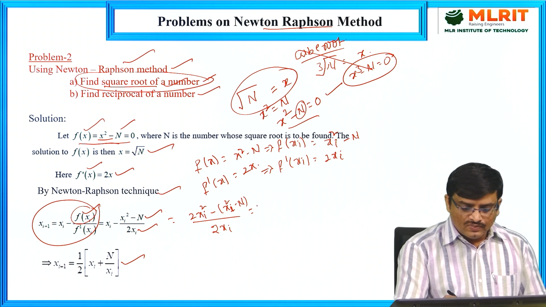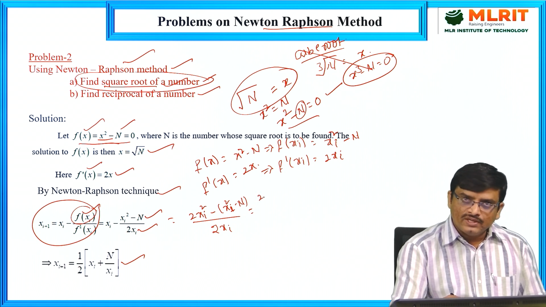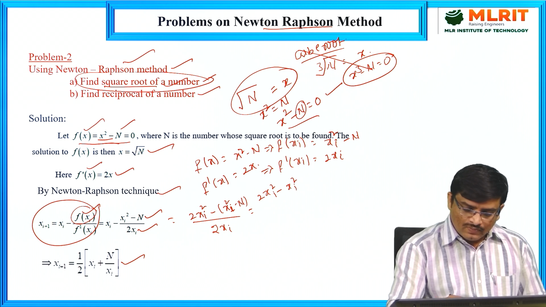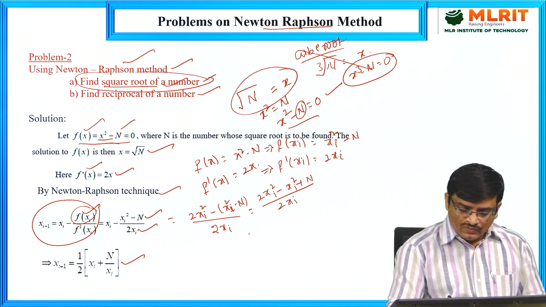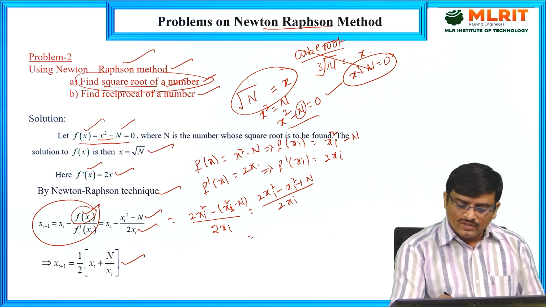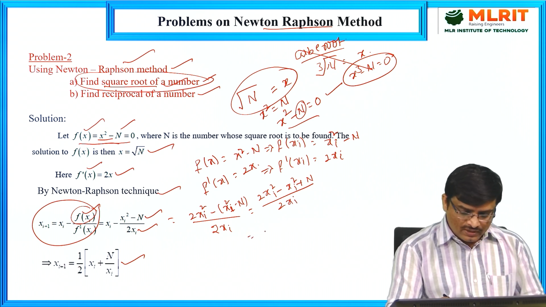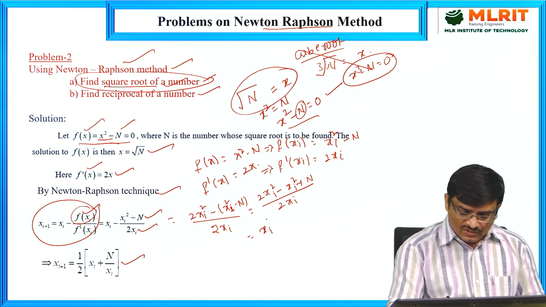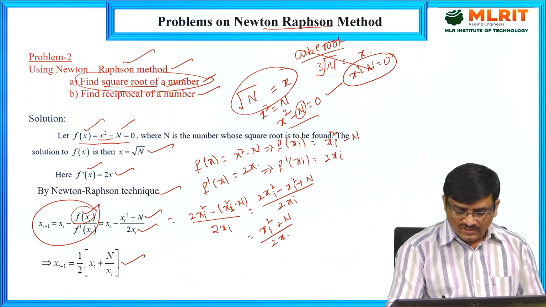Now if you remove these brackets, you will get 2x suffix i square minus x suffix i square, minus of minus gives plus n, by 2 into x suffix i. So 2x suffix i square minus x suffix i square gives x suffix i square plus n by 2x suffix i.